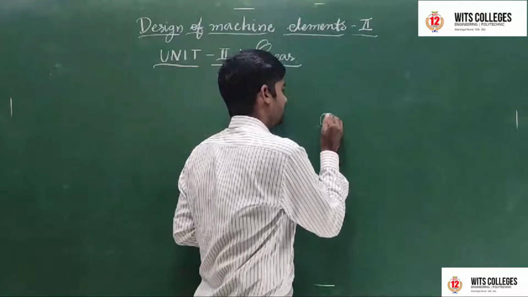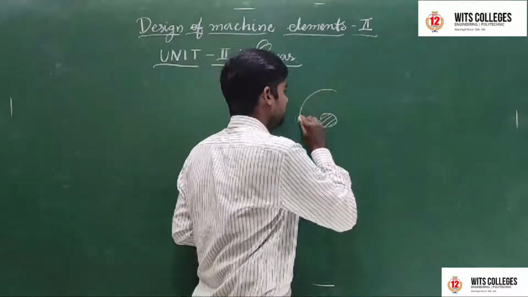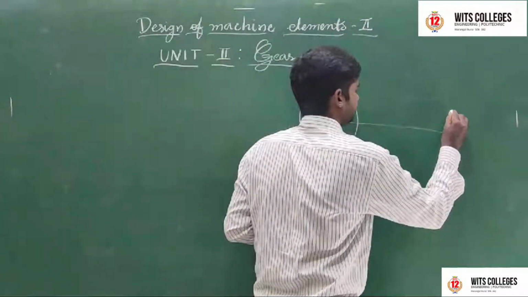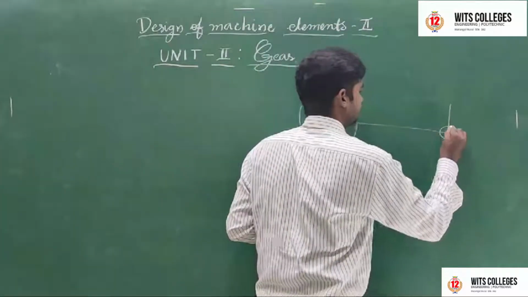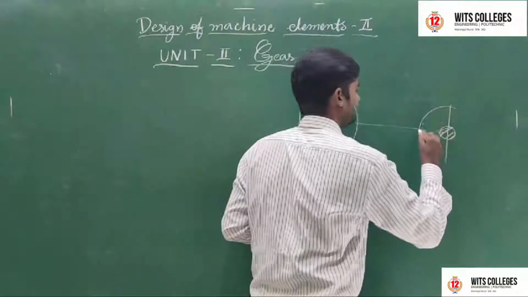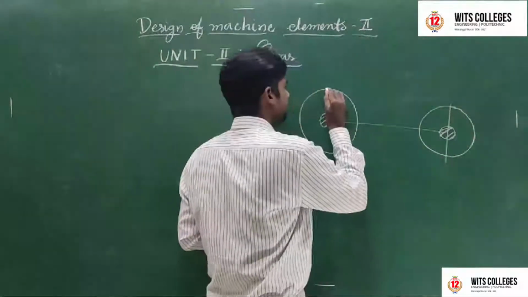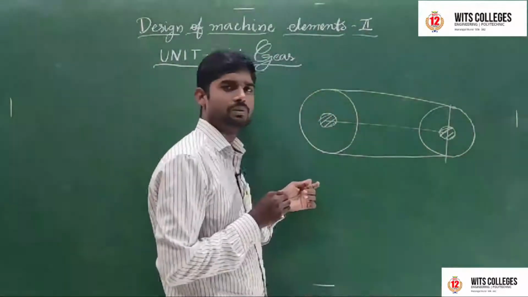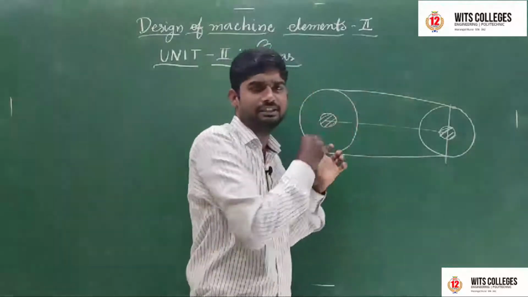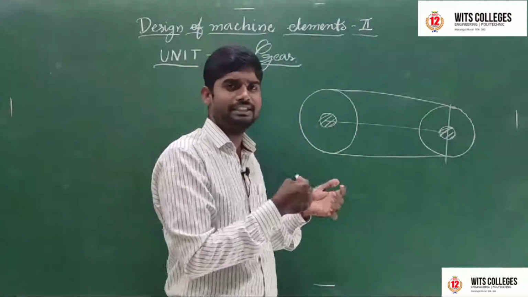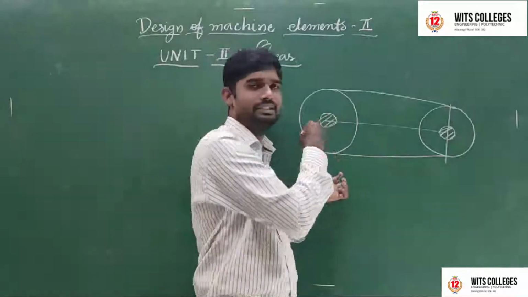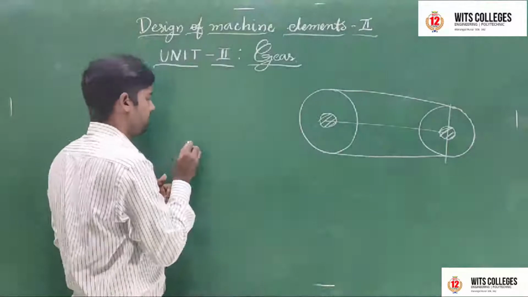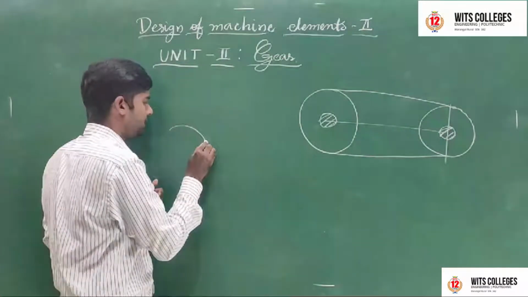Here we use pulleys on one shaft, the driving shaft, and another pulley on the other shaft, the driven shaft. We transmit motion from one shaft to another using pulleys, but there is some slip percentage. To avoid this slip, we use gears. Gears also transmit power from one shaft to another shaft.